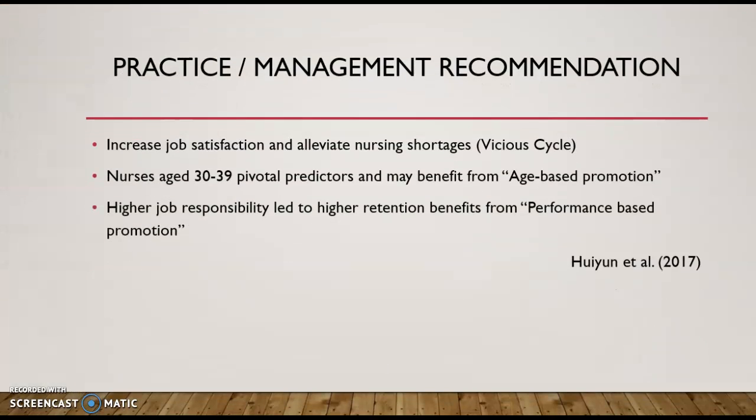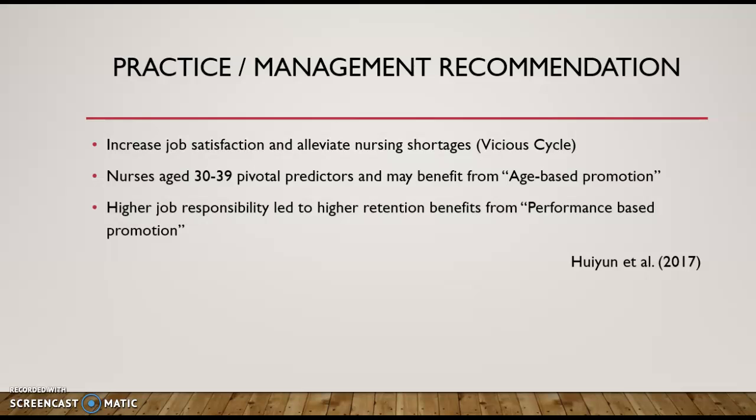So going on that, some practice management recommendations that can be used to increase job satisfaction and alleviate nursing shortages, that vicious cycle that we should say. So high-end focused, they brought to mind that in their survey, nurses aged 30 to 39 were pivotal predictors and could benefit from some age-based promotion.